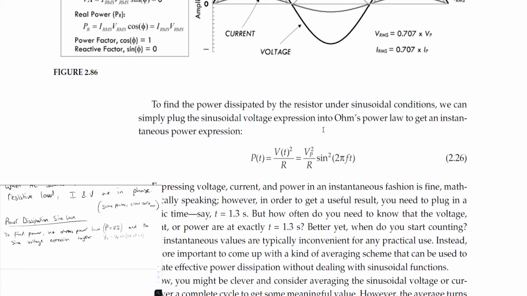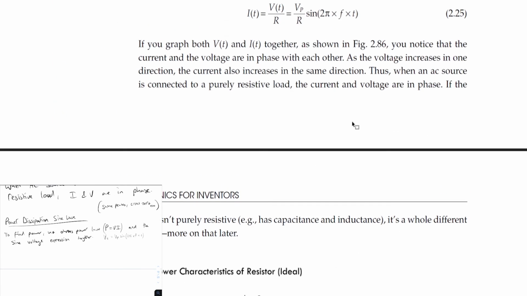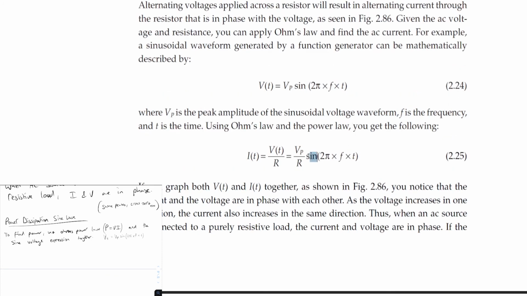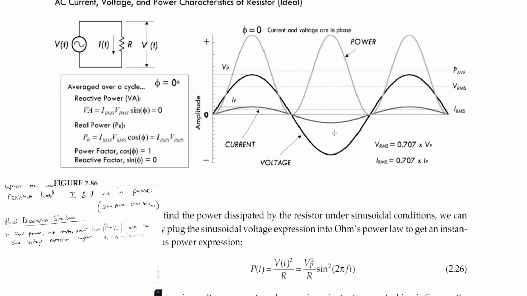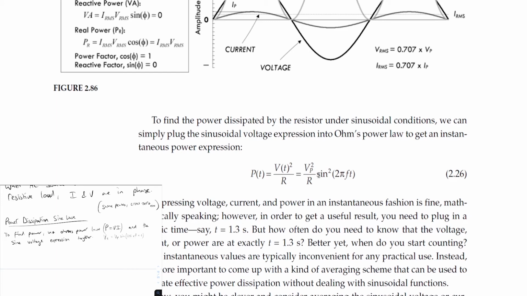Suddenly now you've ended up squared. Why has sine ended up being squared? 2 pi ft, okay, but why is now sine squared? Did I miss that out in the first part? It wasn't squared in the first part, was it? Yeah, look, it's not squared here. So why have you now squared it here?